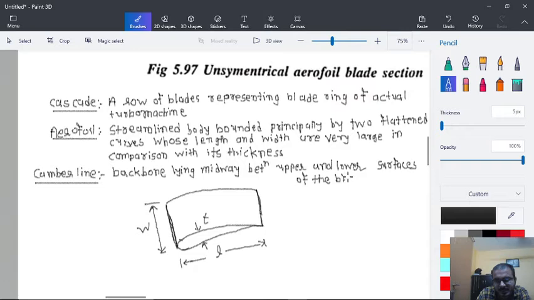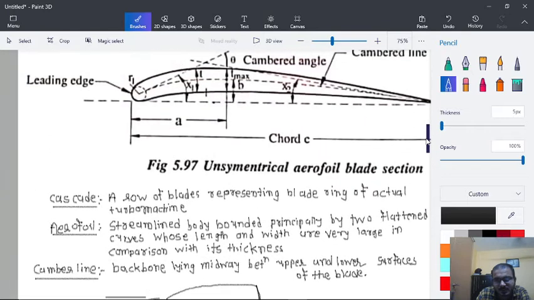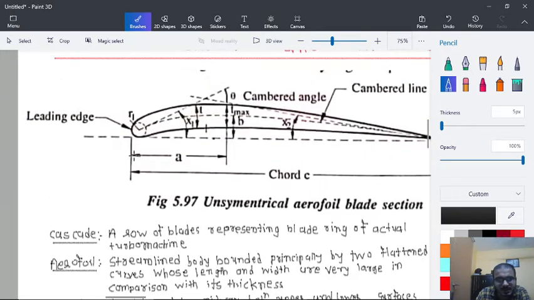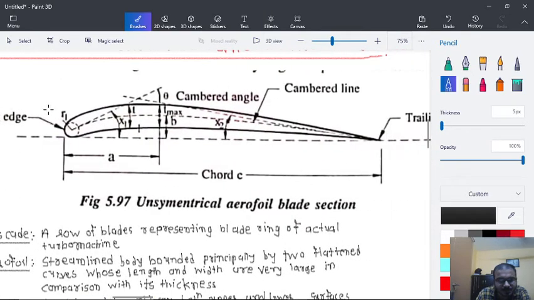That is known as camber line, and the same can be seen over here in this figure. This dotted line as the middle line is the camber line.